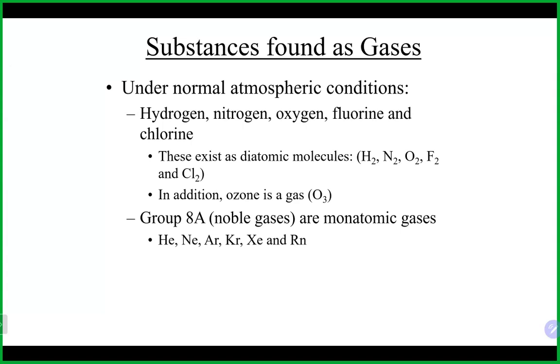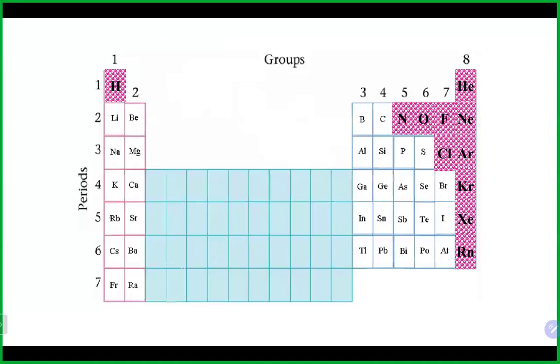All the ons are noble gases. They are monoatomic, which means they come as ones, as opposed to hydrogen, nitrogen, oxygen, fluorine. So on the periodic table, pretty much the right-hand side, and our hydrogen, under normal conditions, we're going to find these as gases.